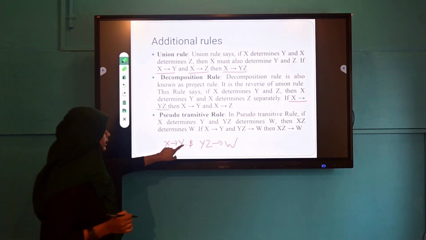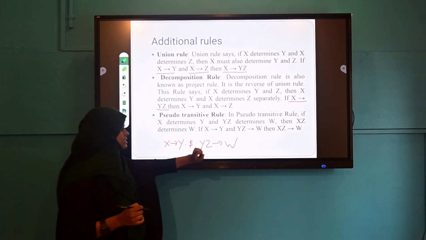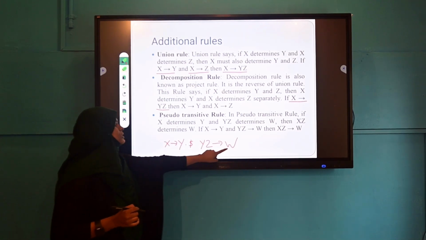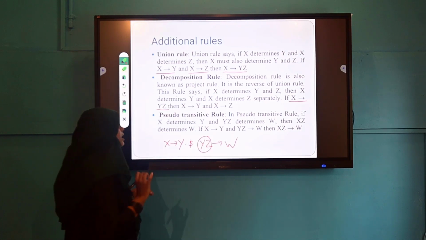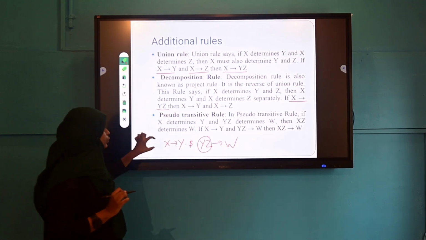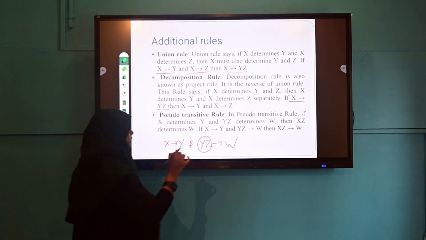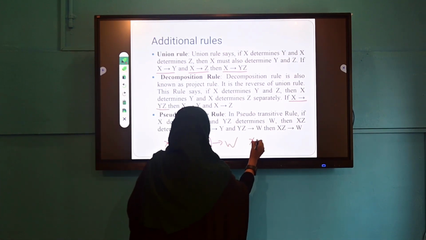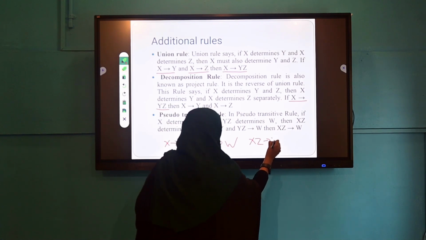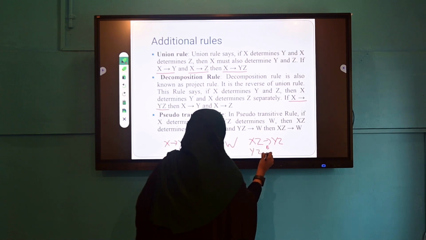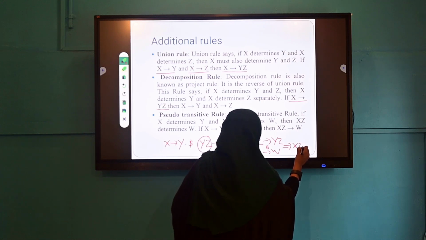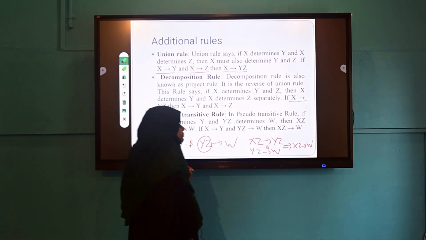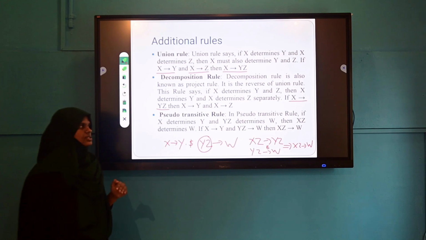If X gives Y and Y gives W, we can write X gives W. But here in the second side we have an additional attribute Z. If we apply the same attribute to the first side, we get XZ gives YZ and YZ gives W. We will get XZ gives W. This is known as pseudo-transitive rule.